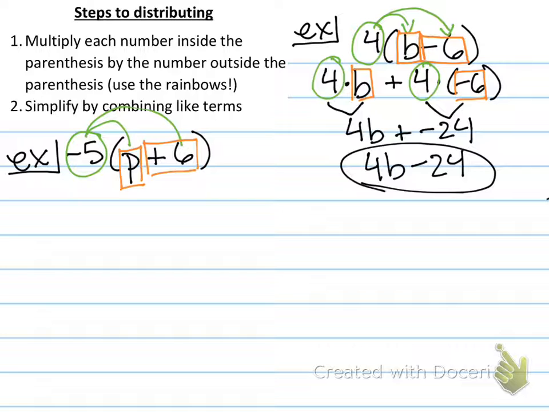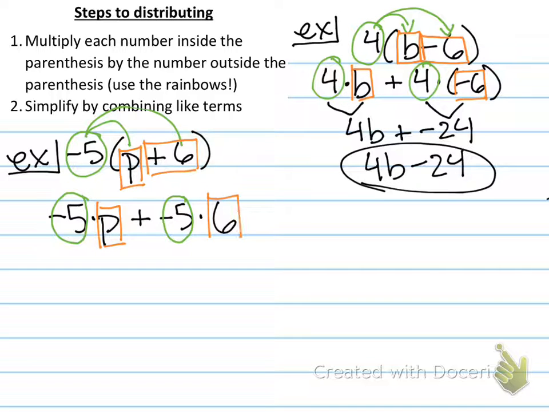So I need to remember to multiply -5 to both of those. -5 times P and -5 times +6. So we have taken the number on the outside and multiplied it by each term inside the parentheses.